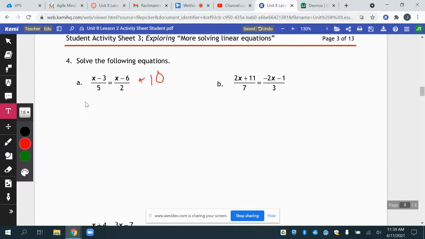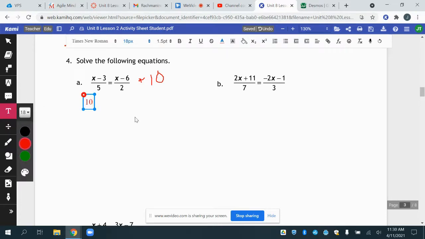It'll be nice. I have 10 times x minus 3 on the left side. I have to multiply both the x and the 3 by 10. I'm not going to bother to write it separately, and you'll see why in a moment. Don't say 10x minus 30. I could do that, but it's easier since I have to divide everything by 5, just to leave it separate, and I can divide the 5 before I distribute.